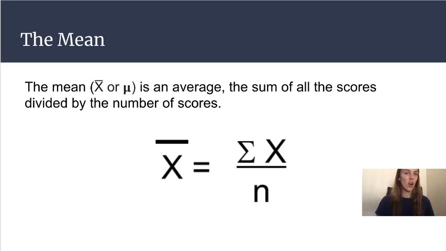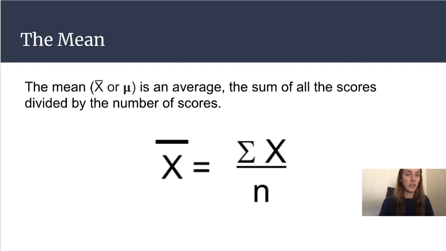We have what we call x bar, so x with a bar over it. X bar is the mean of a sample. And then we also have the Greek letter mu. That would be the mean for a population. And that's going to come into play a little bit later when we do what we call hypothesis testing. So it's something to keep in mind.